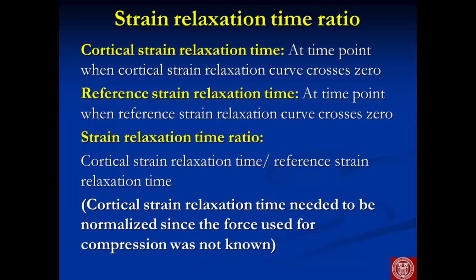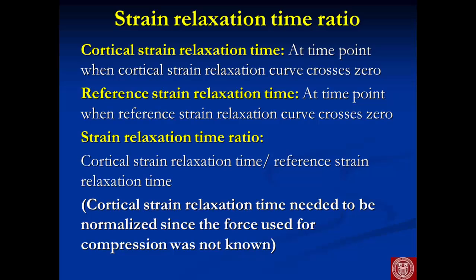From a strain curve, now we're talking about the strain relaxation time ratio. First, the cortical strain relaxation time is the time point when the cortical strain relaxation curve crosses zero.